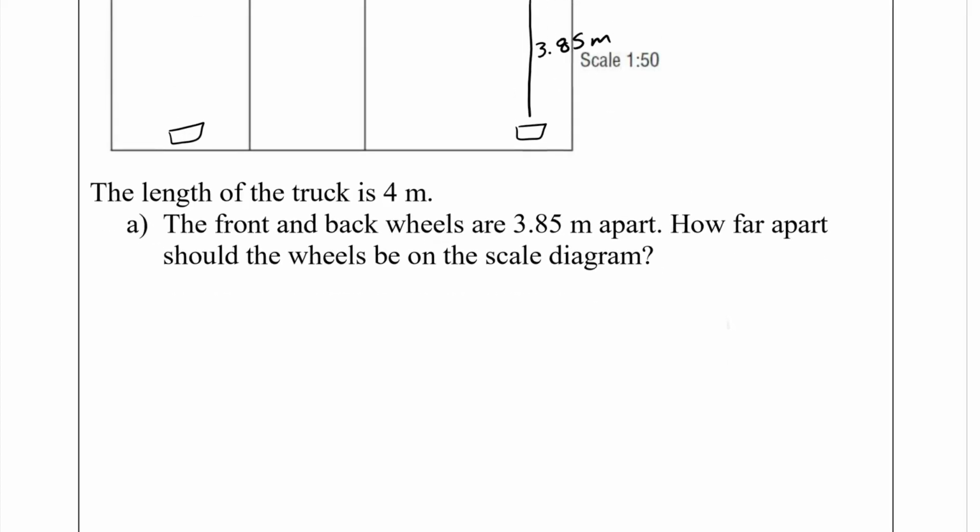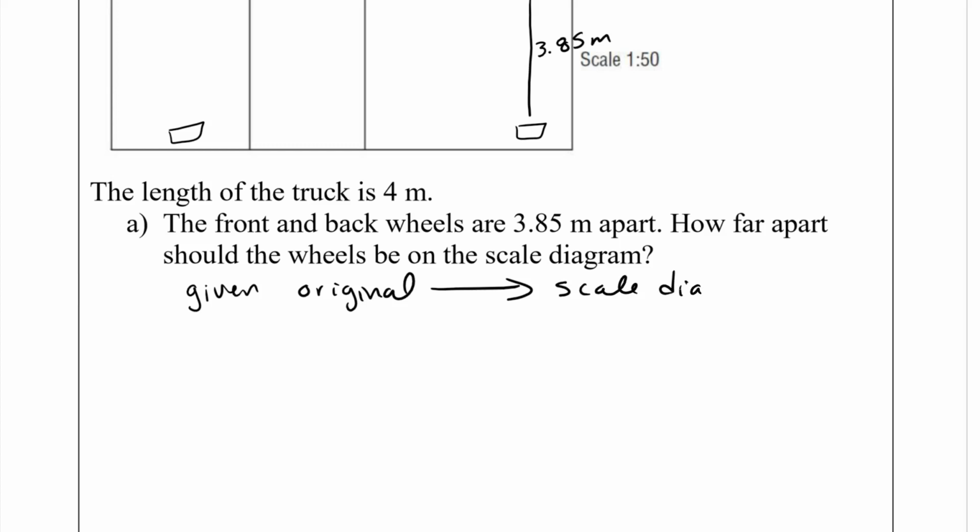So what we are looking for is we are given the original, and we need to get to the scale diagram. So if we're given the original and we want to get the length of the scale diagram, we say original times the scale factor. That's going to equal the scale length.